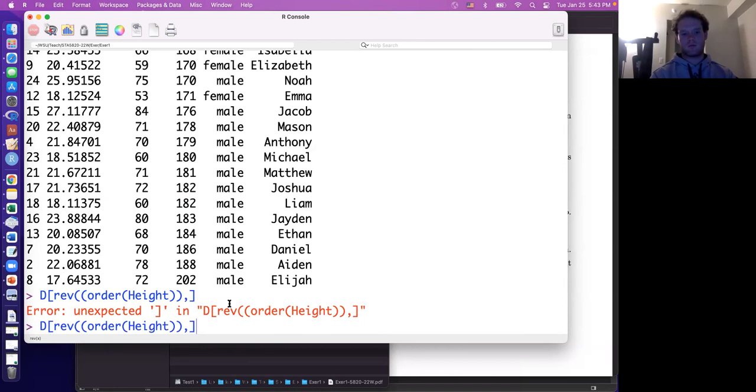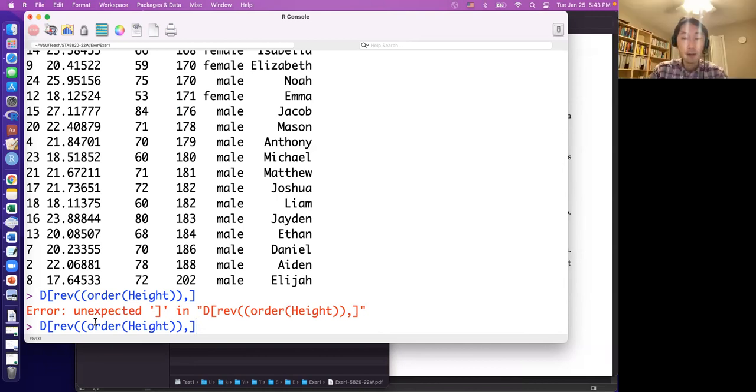I think you can just put a negative sign in front of height. No, negative. So this index should be positive, right? So this is just a permutation of 1 to 5. So if we put negative, that means we specify the negative second row of D. So that makes an error.